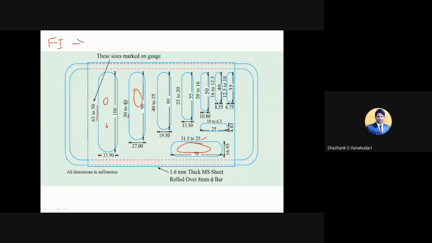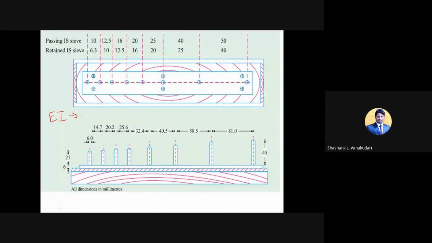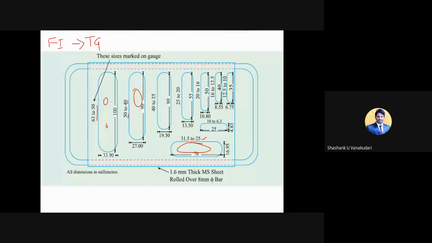For flakiness index, we are using a thickness gauge. Clear? But for elongation index, we are going to use the length gauge. Do not get confused. This is the length gauge and this is the thickness gauge. So for flakiness index, we are using the thickness gauge. It will be for plate-like structures.